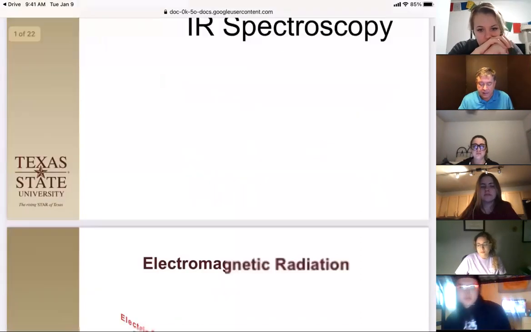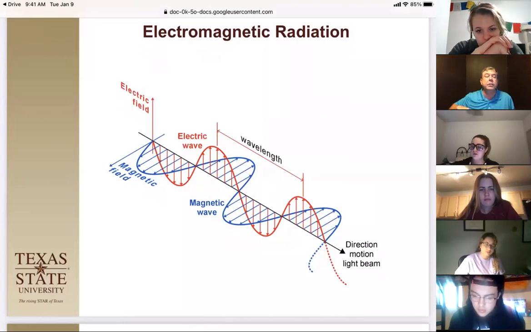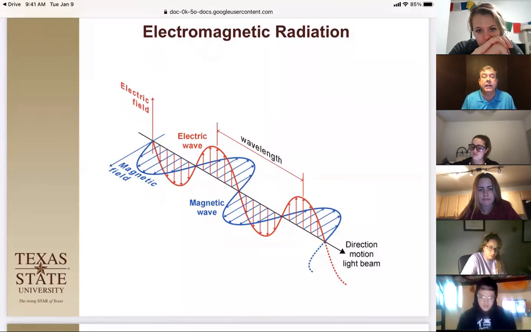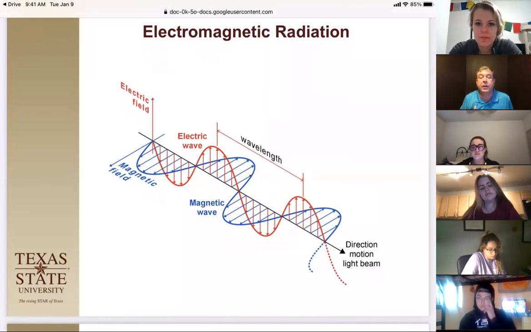And so in an electromagnetic wave, as it's going in a direction, it has an electric version of the wave and a magnetic field generated by that in an orthogonal direction. So in physics, we use what we call the right-hand rule. And so you have the direction of the wave, the direction of the electric field, and the direction of the magnetic field wrapping around it.